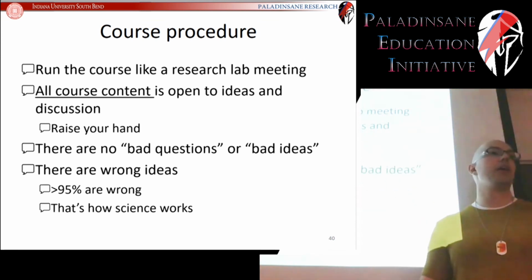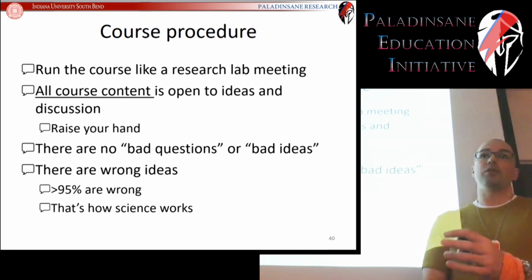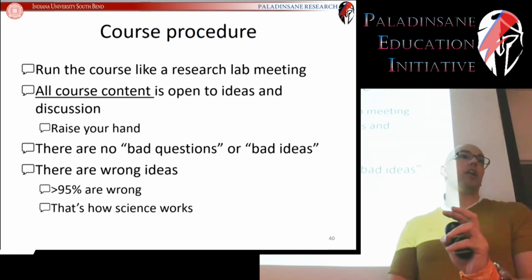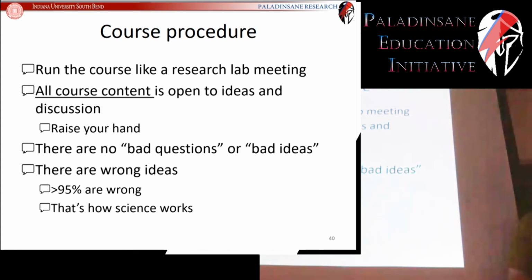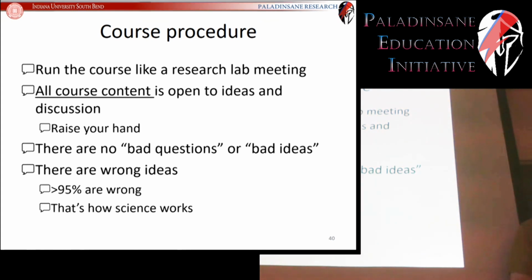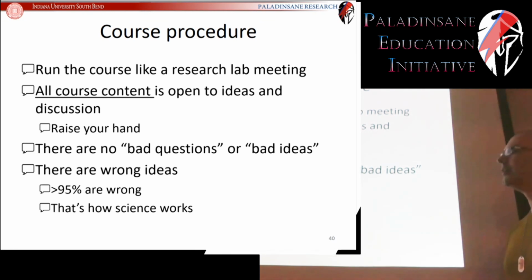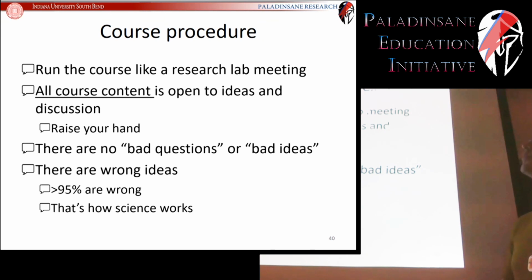What does nobody know yet? What are we going to discover? And when you're trying to discover something, you're going to be wrong a lot. So don't feel intimidated about being wrong. We'll correct your ideas. We'll get you on the right track. And just know that that's my life. That's the career that I chose. So I'll understand: no bad ideas, no bad questions. Let's make sure that everybody is moving forward.